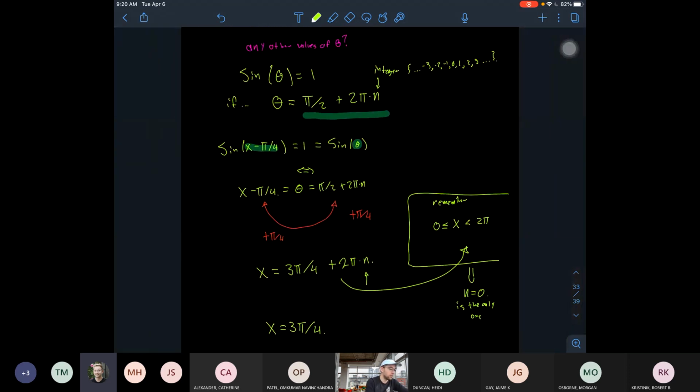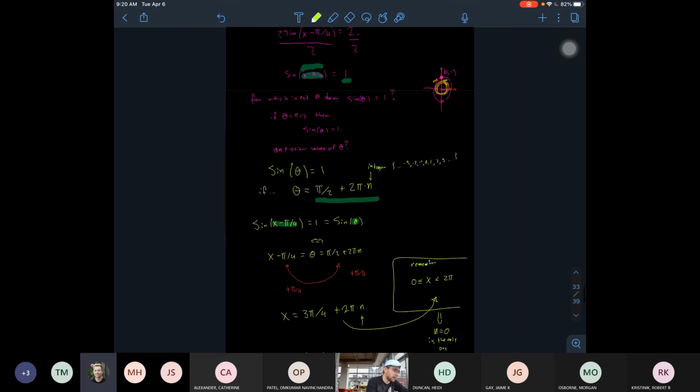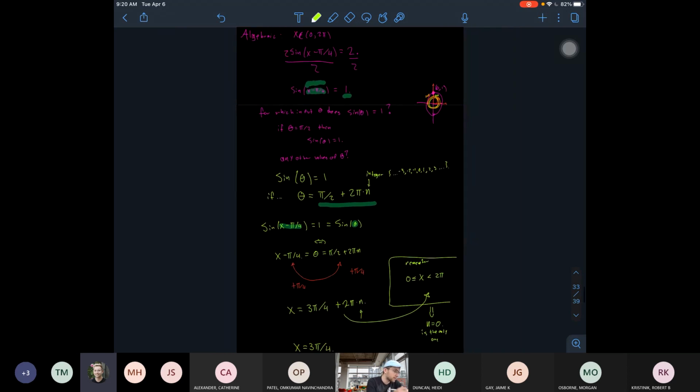Okay, so this is a purely algebraic way of thinking about this. We didn't actually consider the graph of the sine function whatsoever. We used basically two facts.